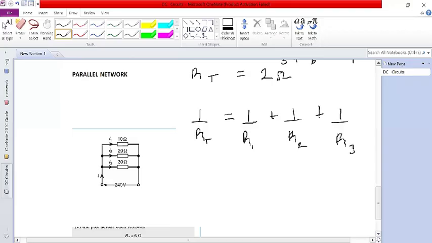So this formula can be extended to R4, R5, R6, isn't it? Then 1 over RT is equal to 1 over R1. Our first resistance here is 10, then plus 1 over R2, our second resistance here is 20, then plus 1 over R3, our third resistance is 30.